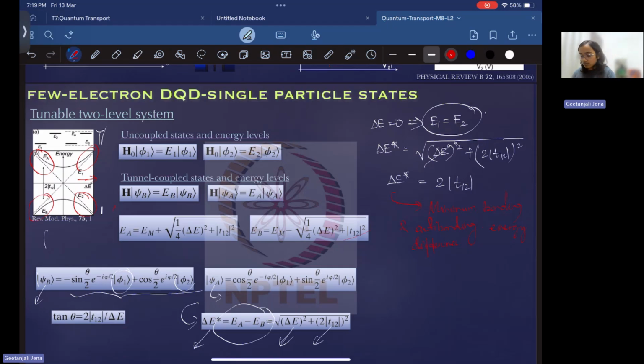So when delta is large, the quantum dots are far apart from each other, then the bonding and anti-bonding energies will be equal to the energy of E1 and E2. These are some of the interesting behaviors that we can conclude from this graph.